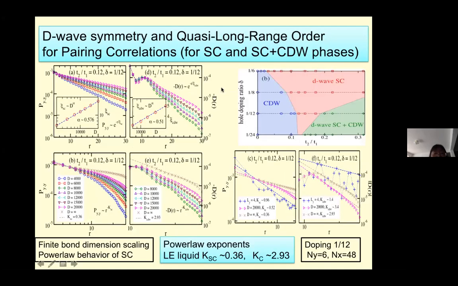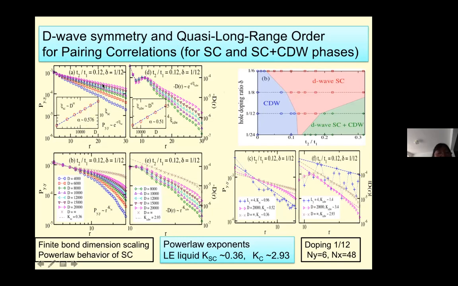We already mentioned we are studying this quasi-1D geometry, so we can now look at whether the pairing correlations follow quasi-long-range order. For the pairing correlations with different bond dimensions, we first plot them in this semi-log plot. You see almost a straight line.